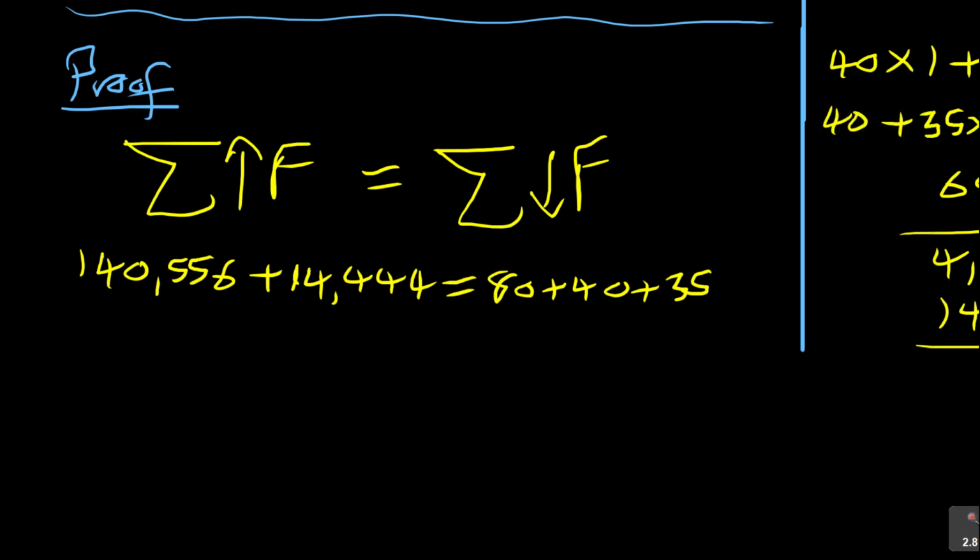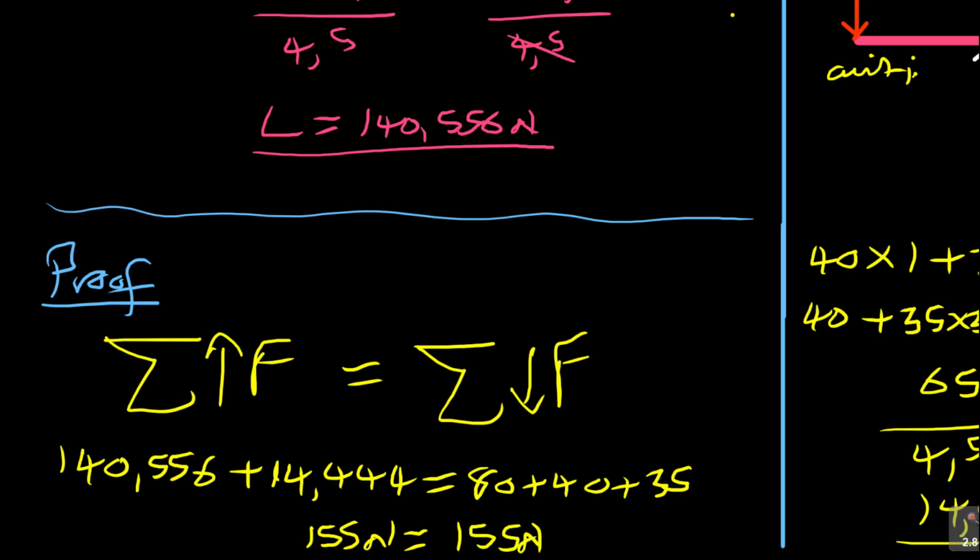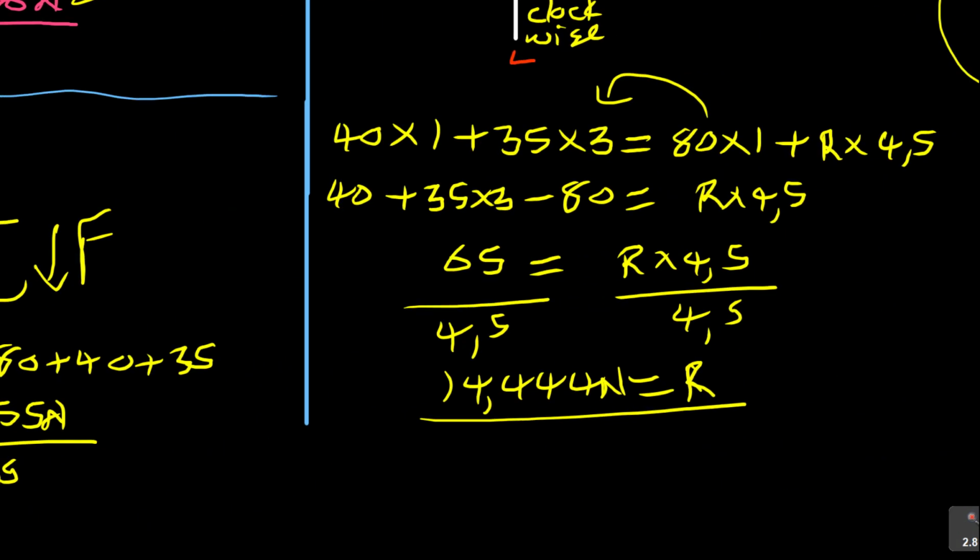So look, 155 newtons equal to 155 newtons. Do you see that the left hand side is balancing the right hand side? So it means in this case your two answers that you have are definitely correct. See, that one is correct and this one is correct.